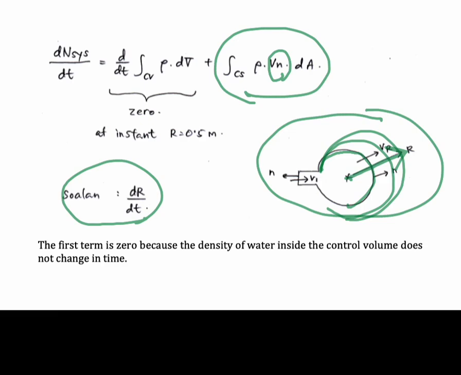It means that R is changing with time, so dR dt means the changes of radius along the time. Because radius is in meter and time is in second, dR dt actually reflects the velocity in this term, because the unit is meter per second.